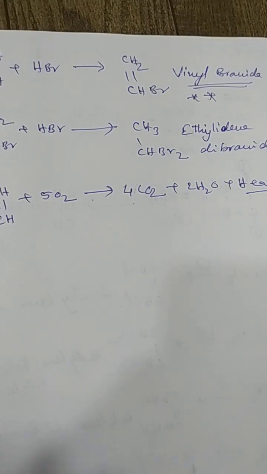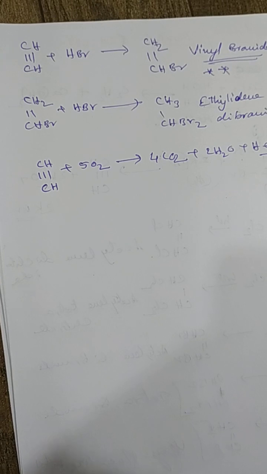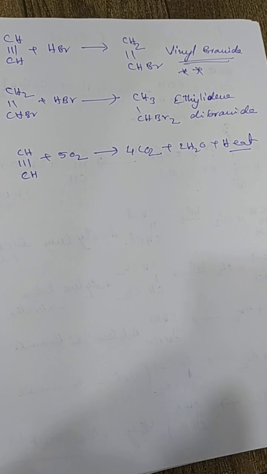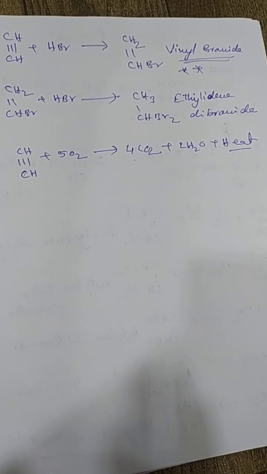A simple reaction. Always, if you burn any organic compound, carbon dioxide, water molecules and heat are generated. That is a common phenomenon. Any body like wood, any animal body, fat, everything is a hydrocarbon. If you burn it, carbon dioxide, water and heat are generated.